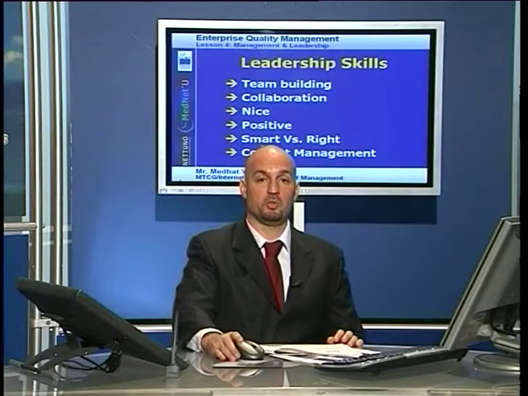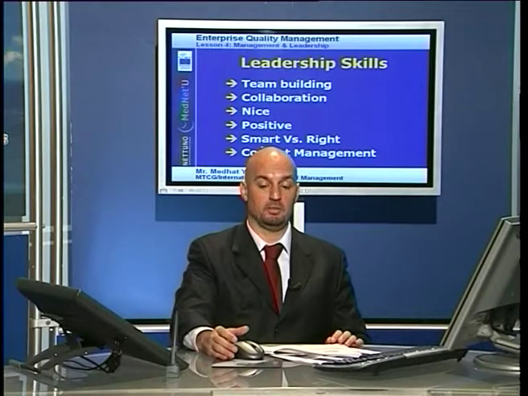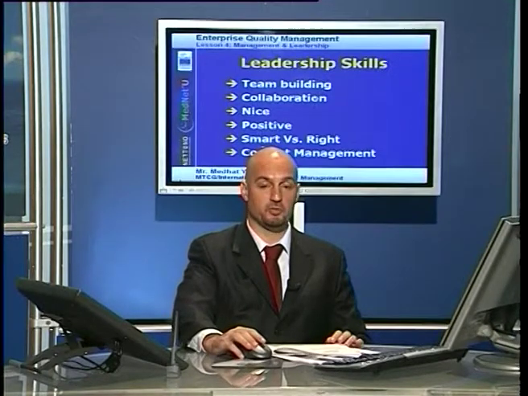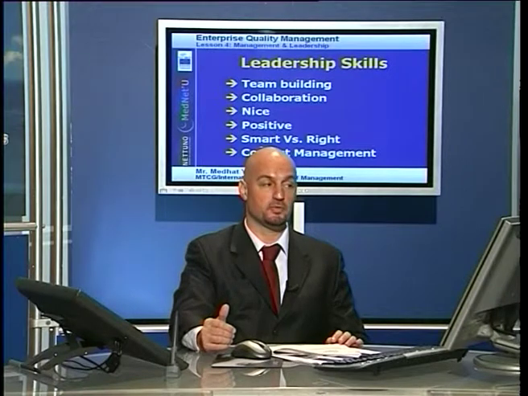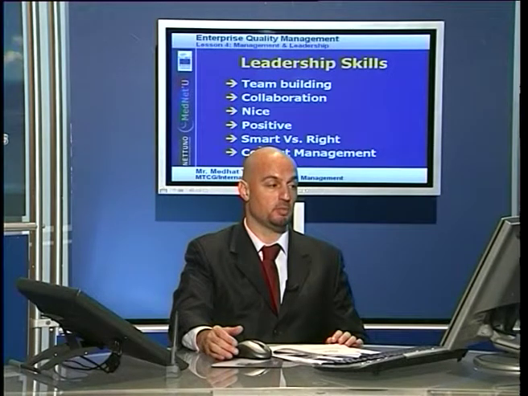It's rather working with your team and supporting them, and at the same time getting help from them. It's about collaboration. Leadership skills not only have to do with having a good relationship with your team, but also with other teams in other departments, collaborating to improve the efficiency and effectiveness of the business processes.